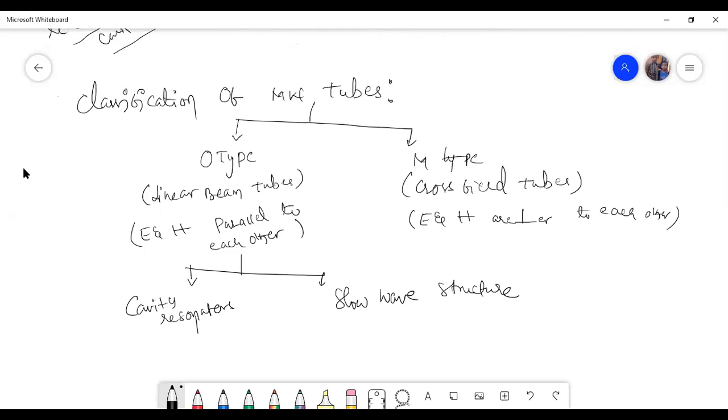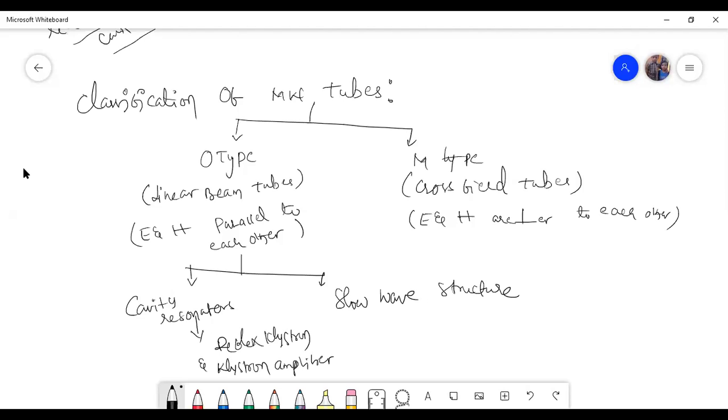Again, the cavity resonators are nothing but the reflex klystron and the Klystron amplifier. So what I want to say is the examples for the cavity resonators are reflex klystron and the Klystron amplifier.